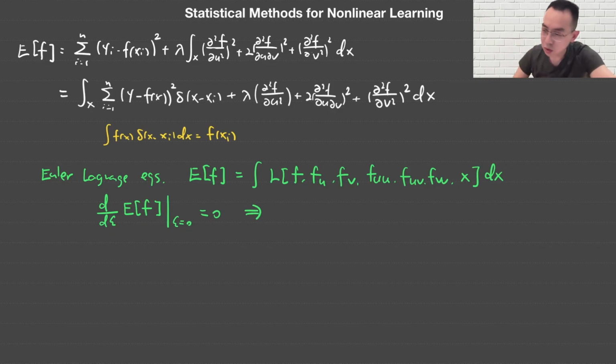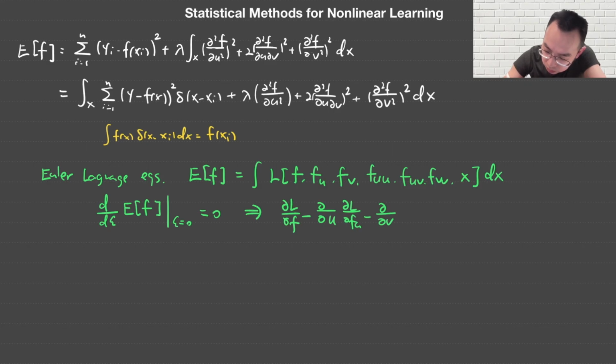So this is going to give us an equation like this. We'll have partial L partial f minus, x, I should do u here, u, equals 0.